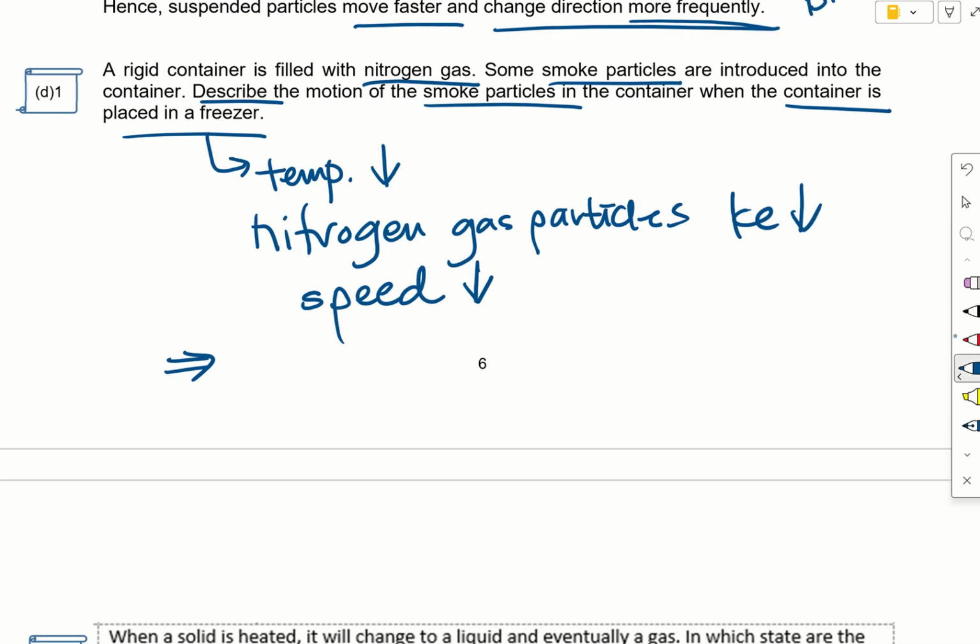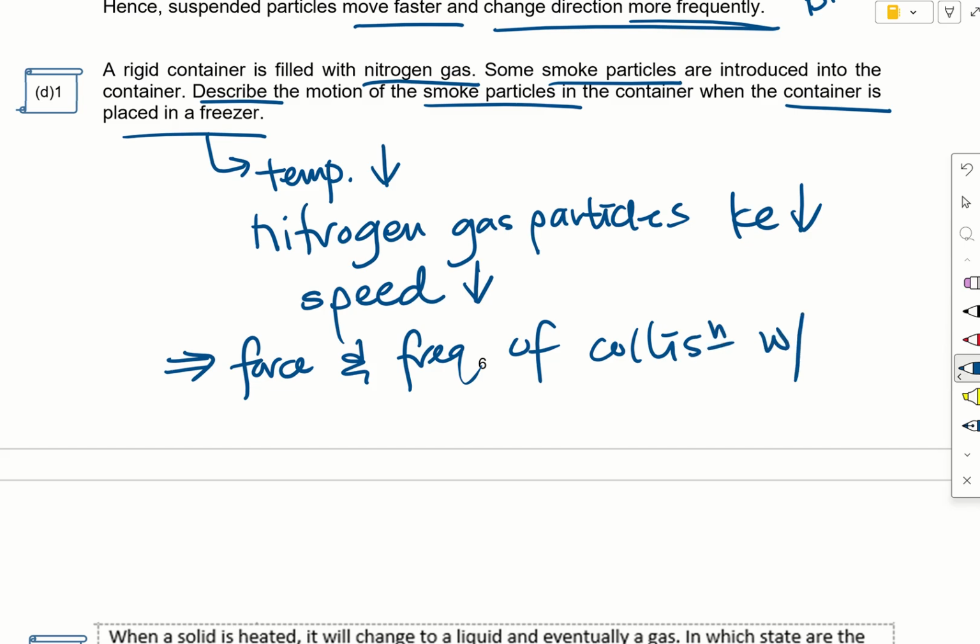So this leads to the force and frequency of collision with the smoke particles to decrease.